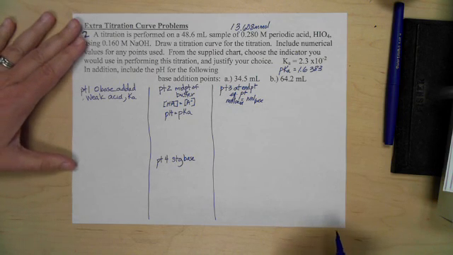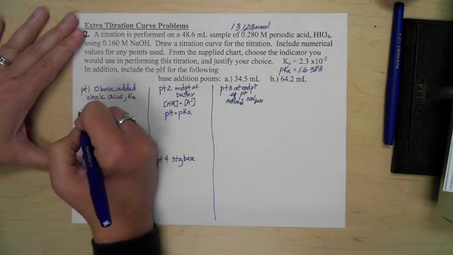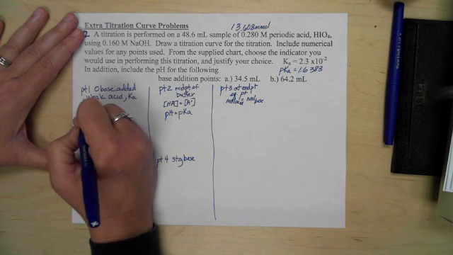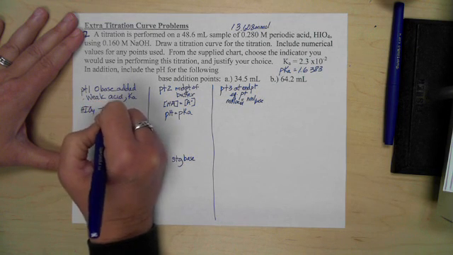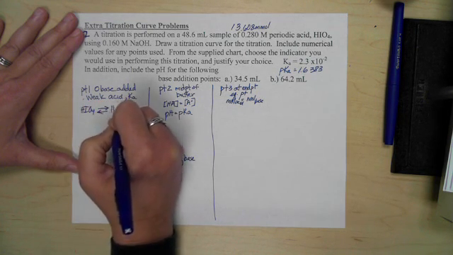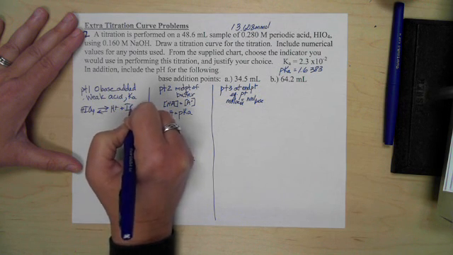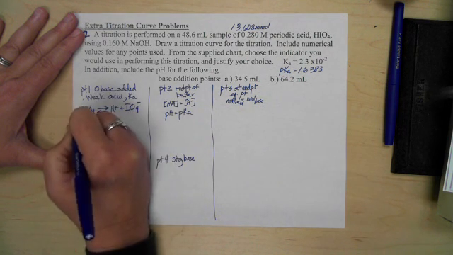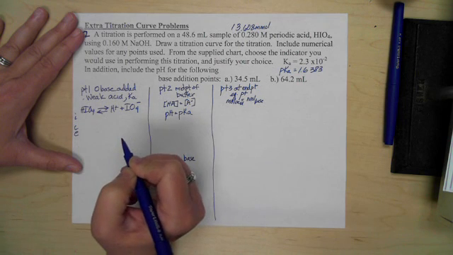So for point 1, simply a weak acid, so we're going to have HIO4 in equilibrium with H plus and IO4 minus. This is weak, so we just need an ICE table.